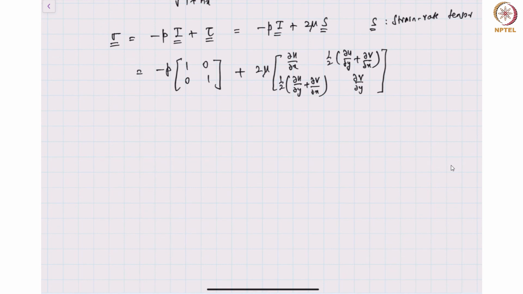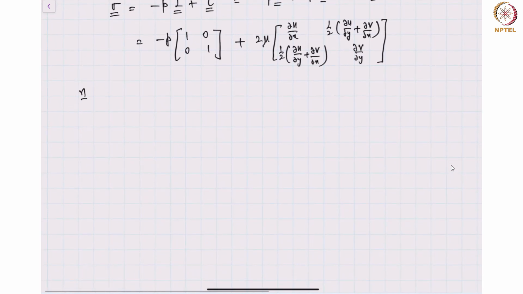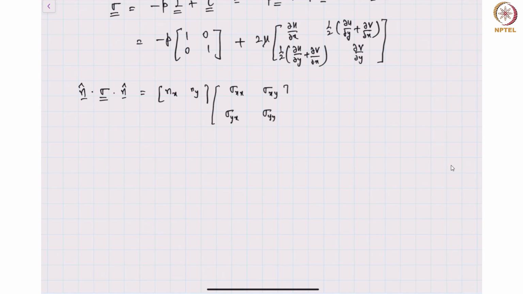Now you can calculate easily n dot sigma dot n, which will be nx ny times sigma xx, sigma xy, sigma yx, and sigma yy times nx ny. I am illustrating this as matrix multiplication for those students who may not be very comfortable with index notation. This is also very easily done using index notation.